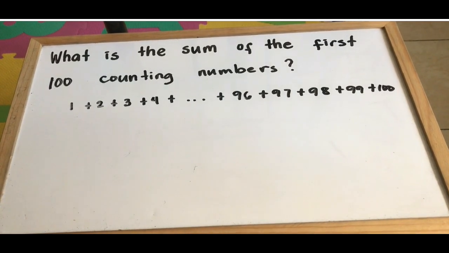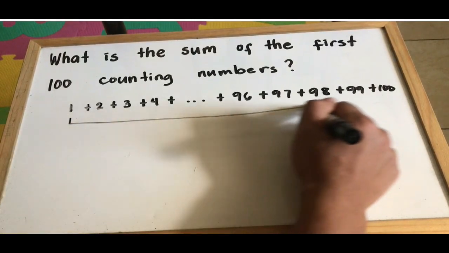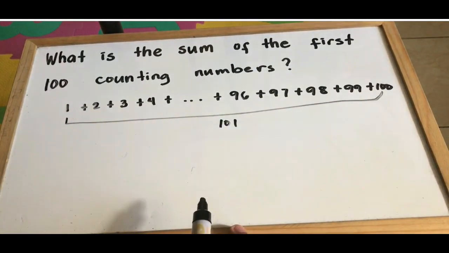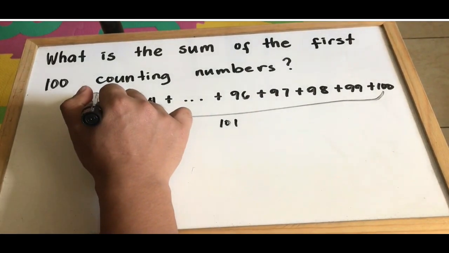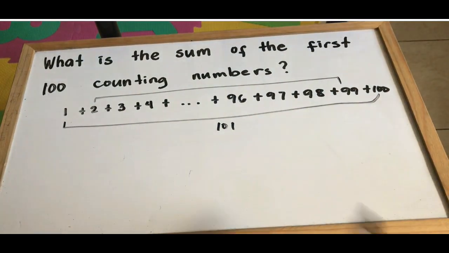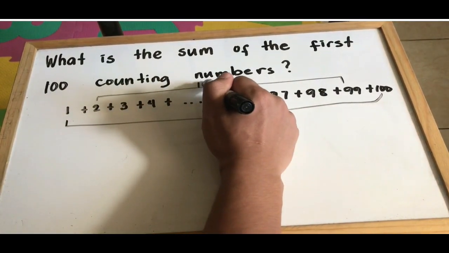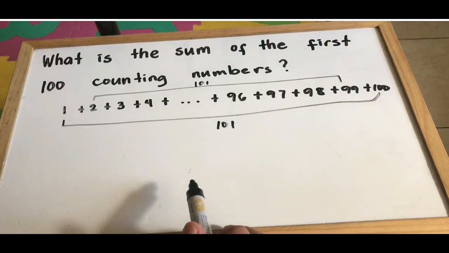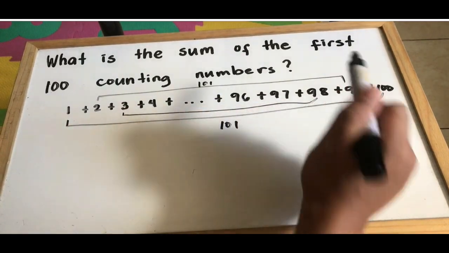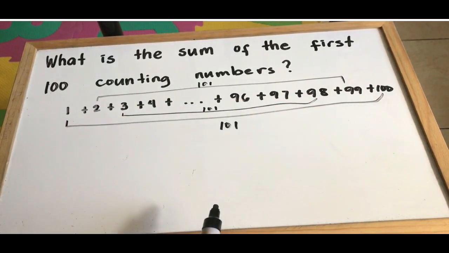So, pansinin natin, kapag in-add natin si first number doon sa last number natin, ang sum niyan ay 101. Yung second number natin tsaka doon sa second to the last number, pag in-add natin yan, 2 plus 99, yan ay 101 din. Ganun din, kapag si third at saka doon sa third to the last number natin, 3 plus 98, yan ay 101 din.